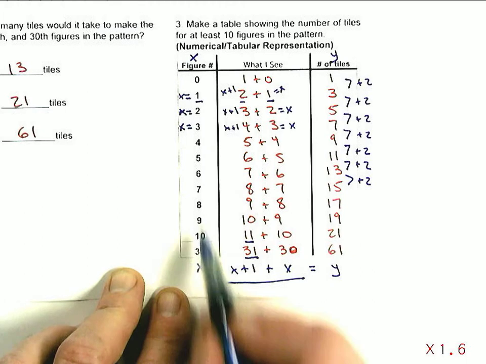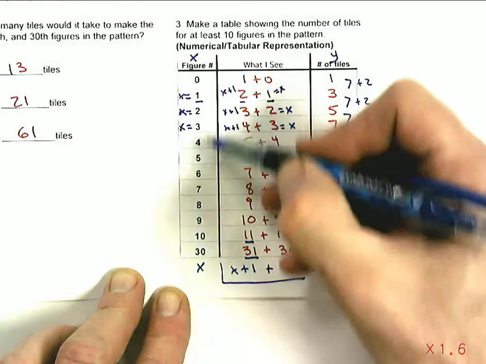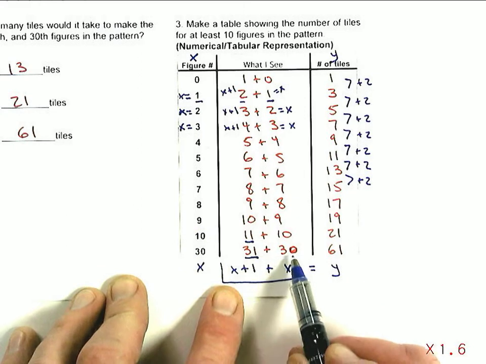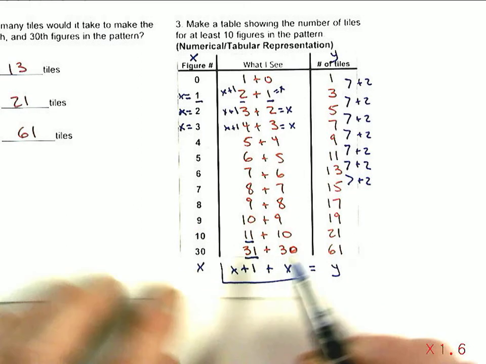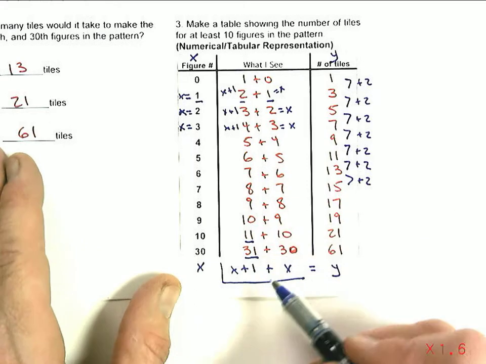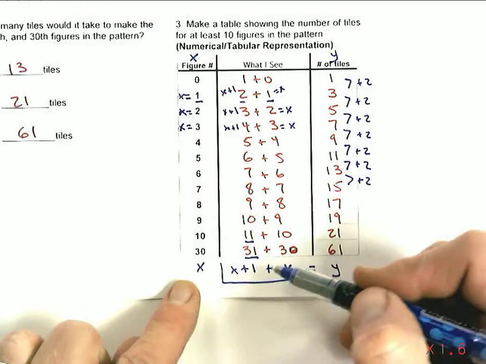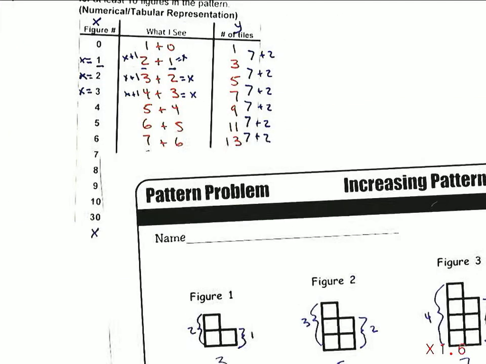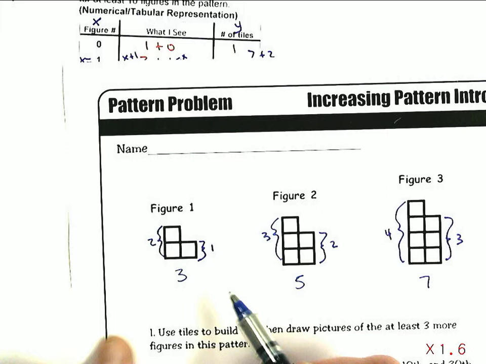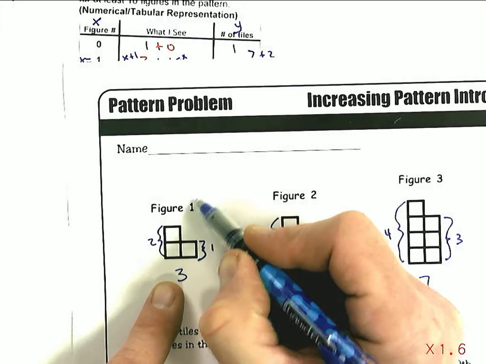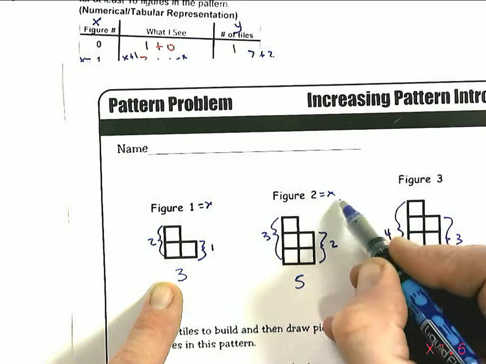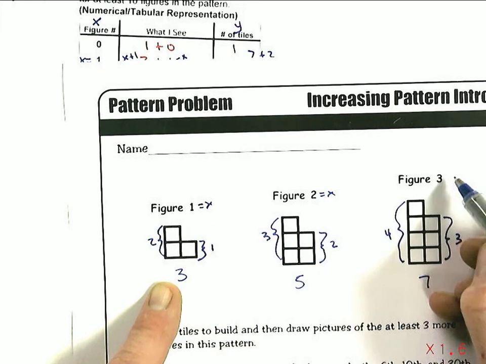This is the variable, the figure number. That's what's changing, and as the figure number changes, so does what I see. The important part is that now I can go back to the original figures and see that x is 1, x is 2, x is 3.